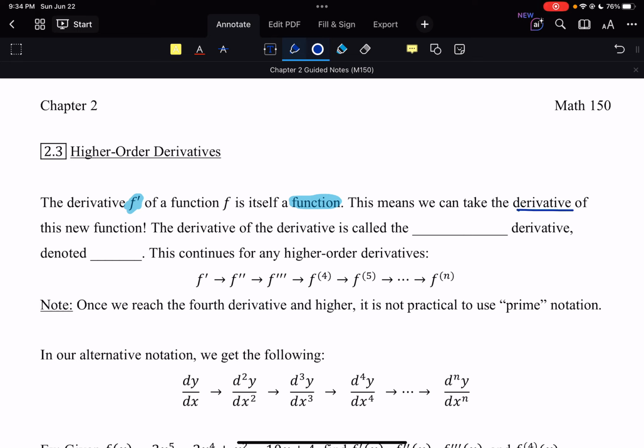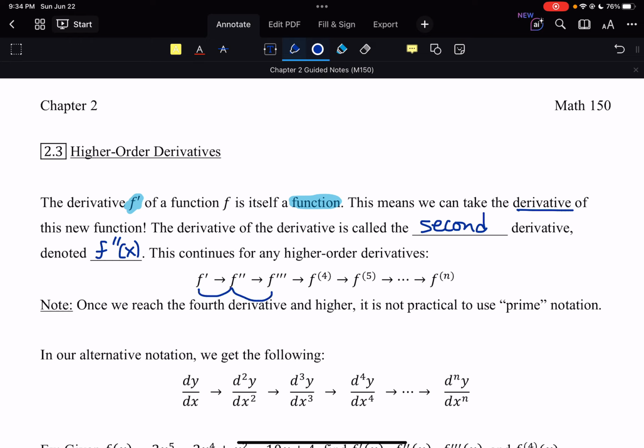So we can take the derivative of the derivative, which would be called the second derivative, denoted f double prime of x. And this is also a function. You can take its derivative and then its derivative, etc. So you can keep taking derivatives to your heart's content.